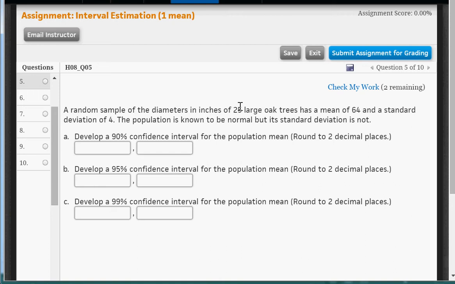A random sample. Unknown then? Yeah, because that sentence starts with a random sample, right? In that random sample, we have 25 oak trees. The random sample has a mean of 64. The random sample has a standard deviation of 4. So that would be a sigma unknown problem, right?